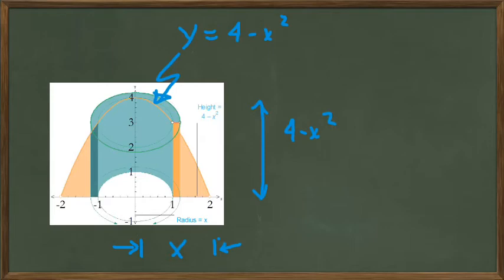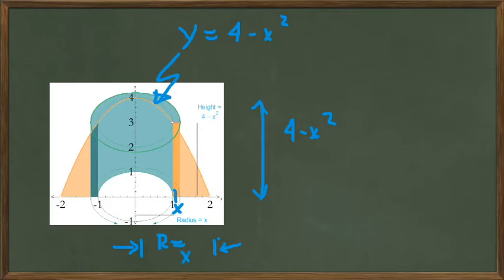The radius of the can would be, if this is any x value, the radius would be x. So this x right here is the radius, and then we apply our formula.